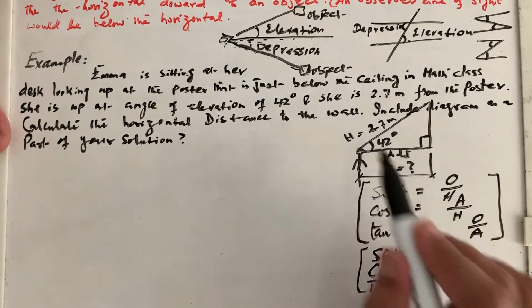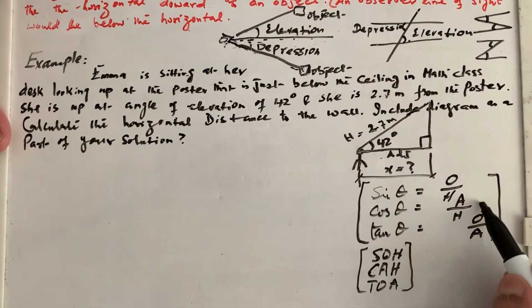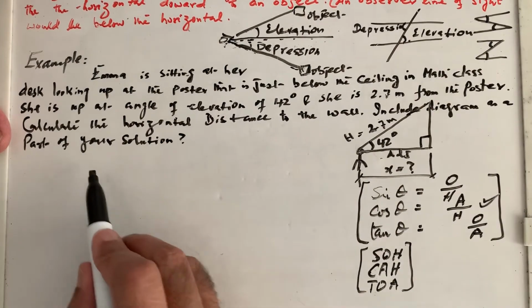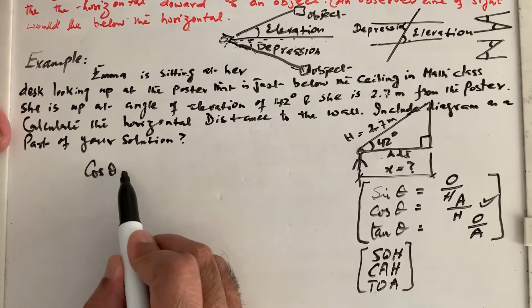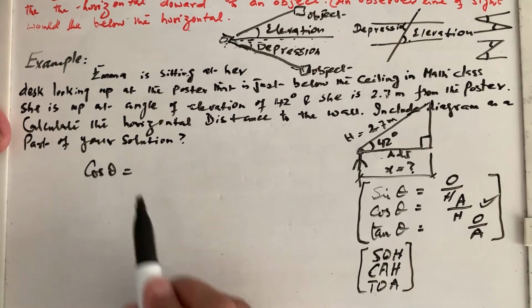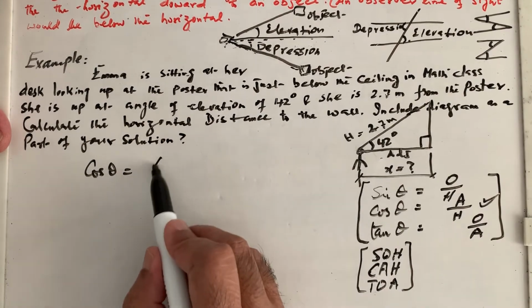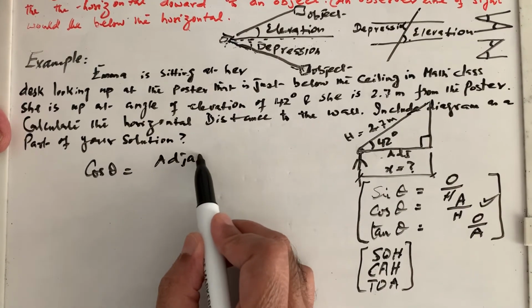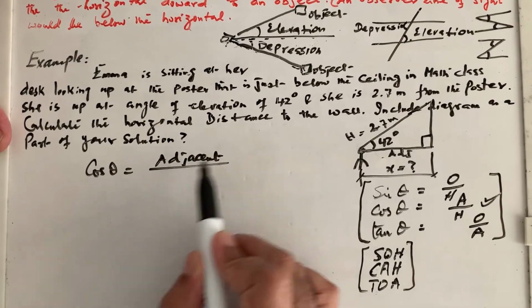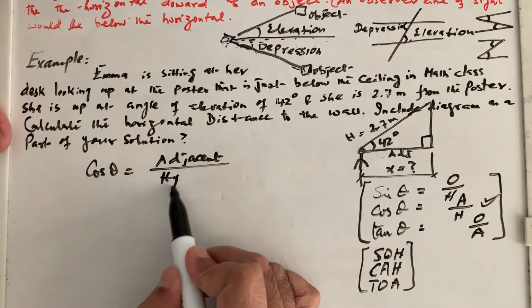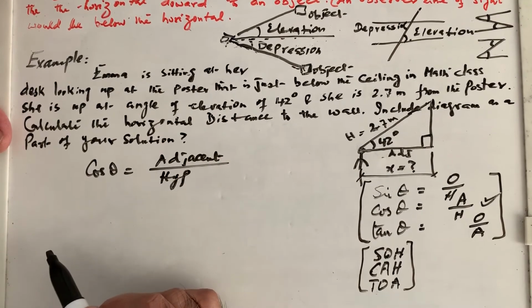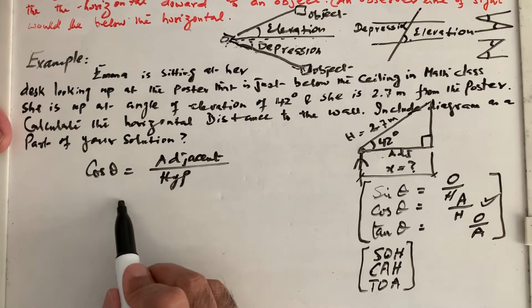Adjacent and hypotenuse ratio is cos. So I will use cos theta is equal to adjacent over hypotenuse. You can write the whole thing so that you can remember. So what are the values?